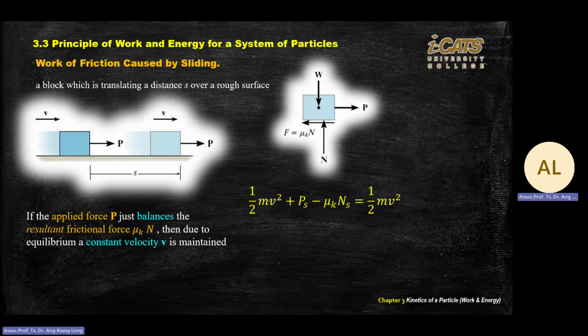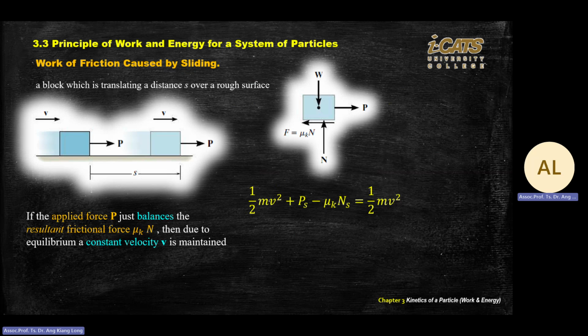So I can write my equation like this. It might be confusing to you, but basically, this is wrong, my notation is wrong. It should be P multiplied by S, not the subscript. The principle of work and energy means work on the left, right hand side is energy. When it moves with a velocity, you have kinetic energy.